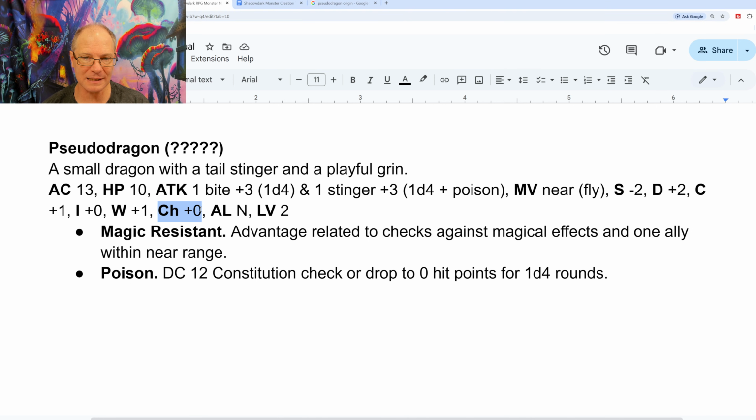It has a fly speed. This little monster has a fly speed of 60 feet in 5e and a movement speed of 15 feet. The problem is that 60 feet is kind of double near in Shadowdark, and the full-blown dragons fly double near already.